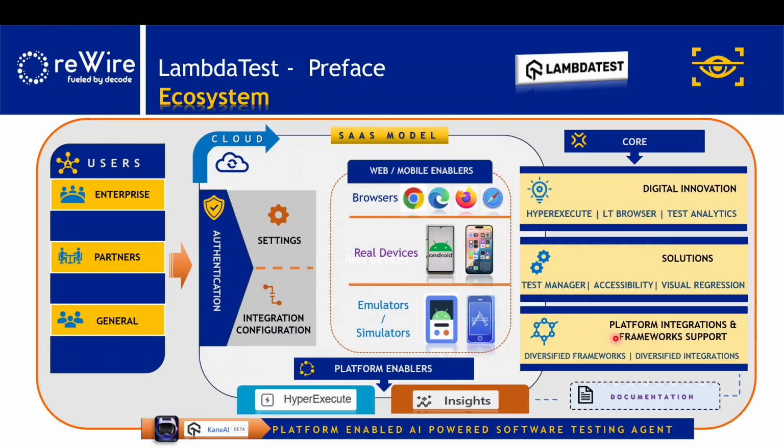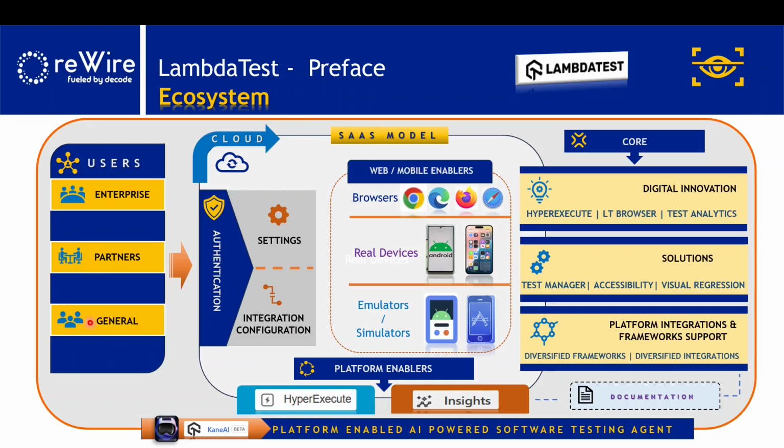It's not one or two vendors or one or two platforms. It's huge, with all varieties of vendor integrations. It also has its own enablers, HyperExecute and Insights, and overall this is the existing ecosystem.